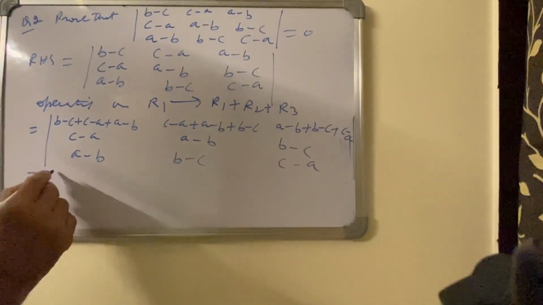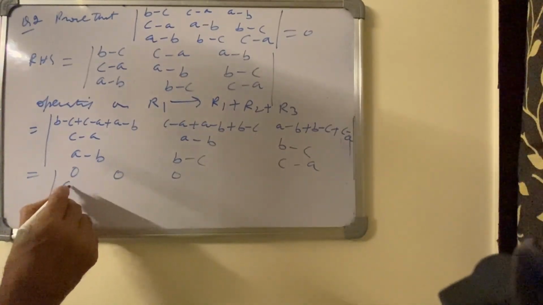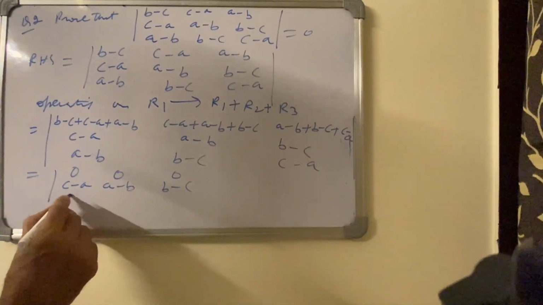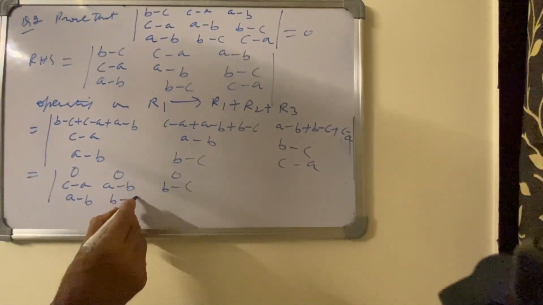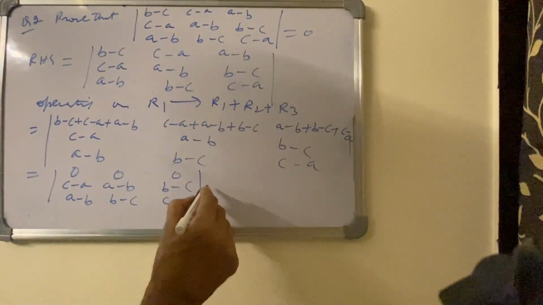So this is 0, 0, 0, and the rest is the same, equal to 0.